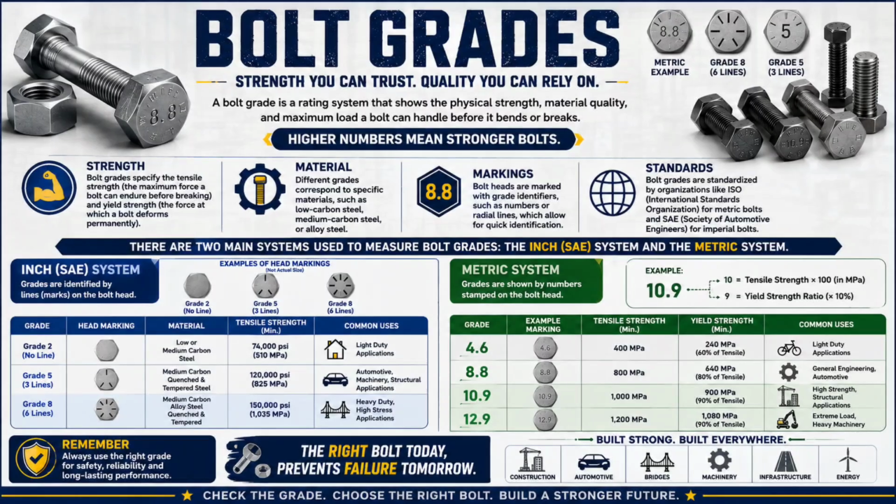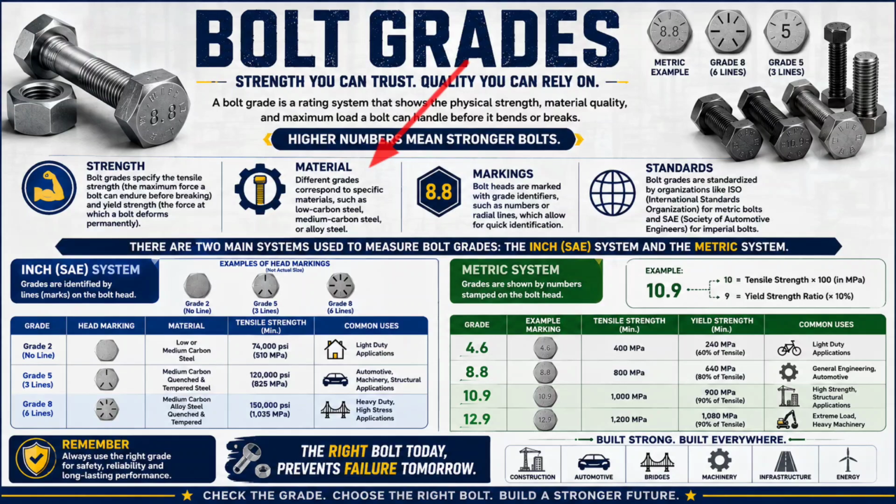In this picture, we'll look into the key features associated with the bolt grades. The key features are its strength, material, markings, as well as the standards associated with it. Coming to strength, the bolt grade specifies the tensile strength, that is the maximum force a bolt can endure before breaking, and the yield strength, the force at which the bolt deforms permanently.